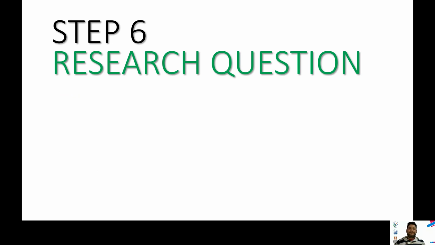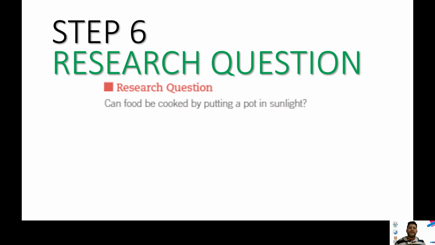Step 6. We're going to check the research question, class. This question is very important because it's the investigation question. In any experiment, friends, we make a research question. So, in that experiment, our research question is, can food be cooked by putting a pot in sunlight?